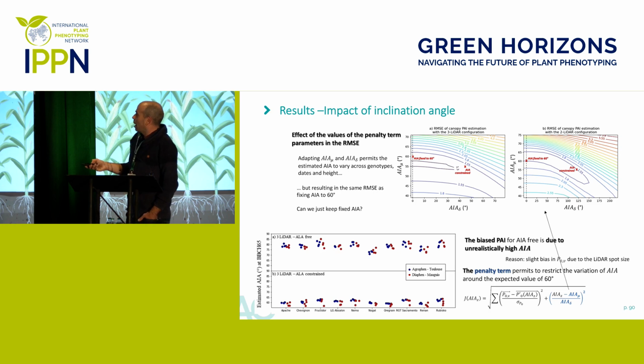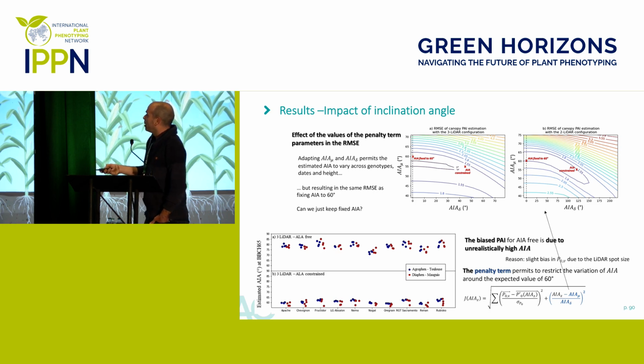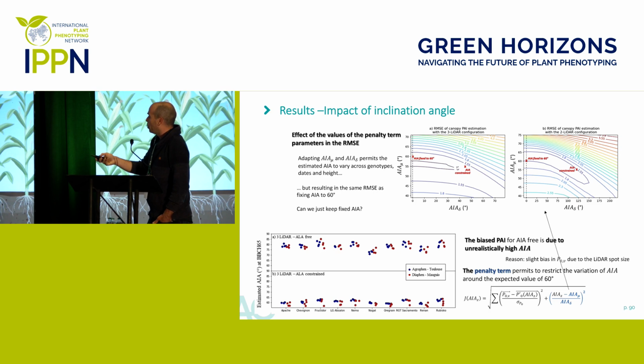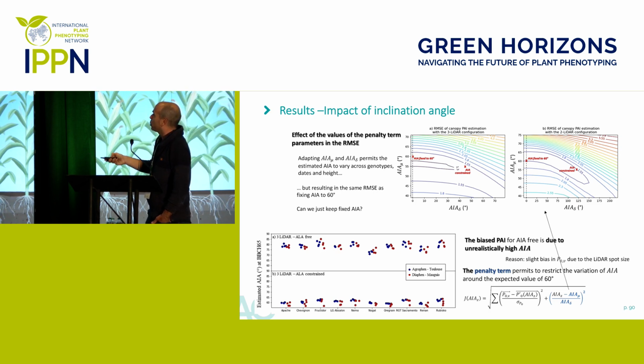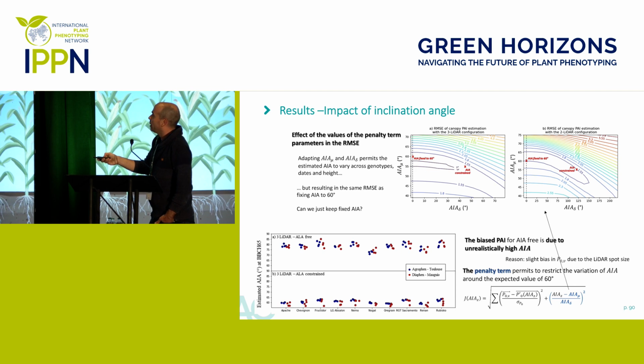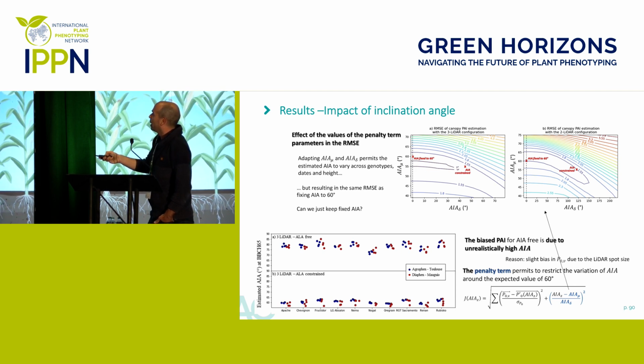So how do we determine the parameters of this penalty term? What we have here is the variability of the root mean square error in the 3 and the 2 LiDAR configurations, depending on the 2 values of this penalty term. The crosses indicate the hypotheses where the ALA is fixed and where the ALA is constrained.